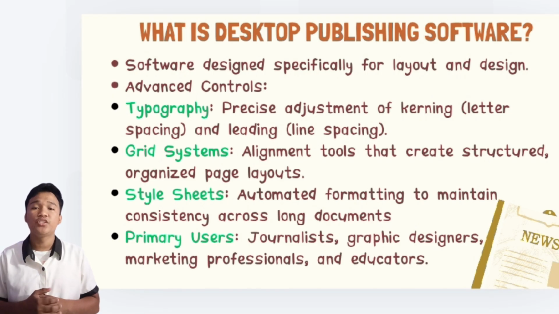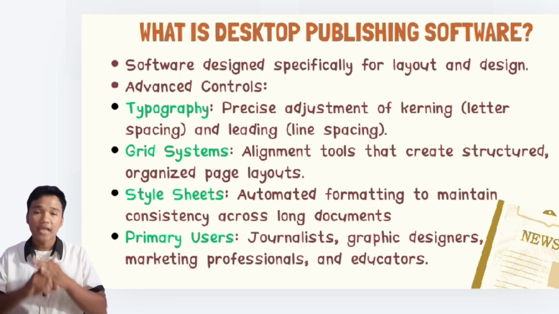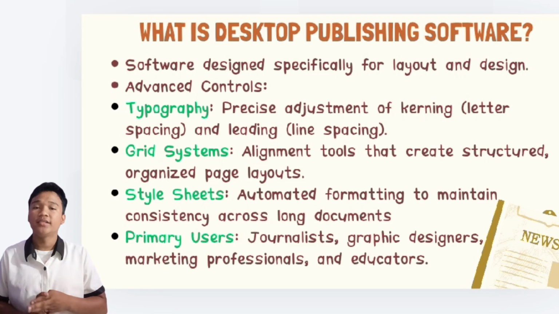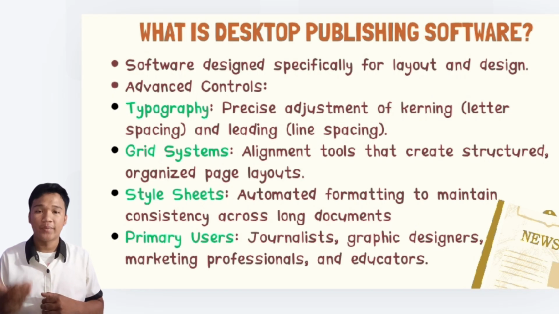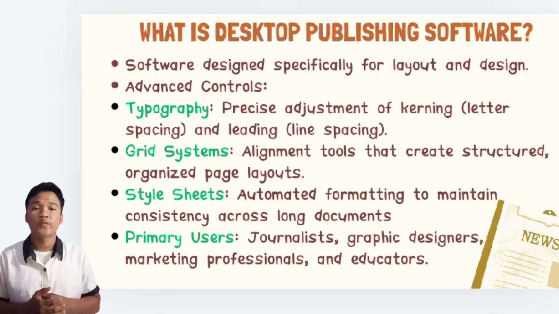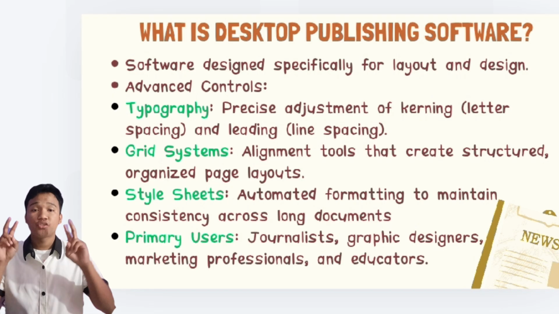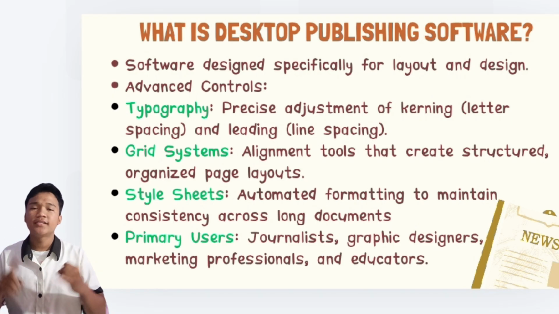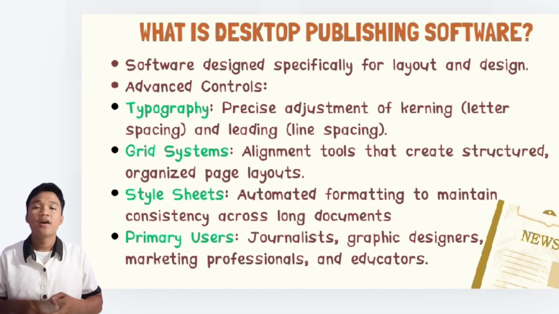Then, the software is used by professionals who need high quality layouts, such as journalists, designers, marketers, and of course, educators. For example, in a campus newspaper, desktop publishing software allows editors to ensure that all headlines, columns, and images follow the same style throughout the issue.